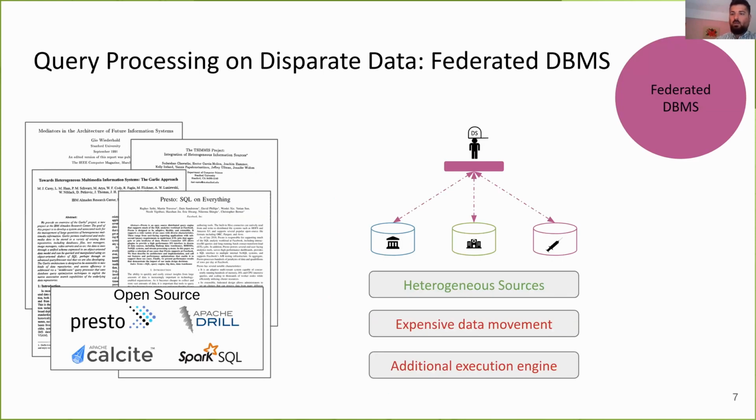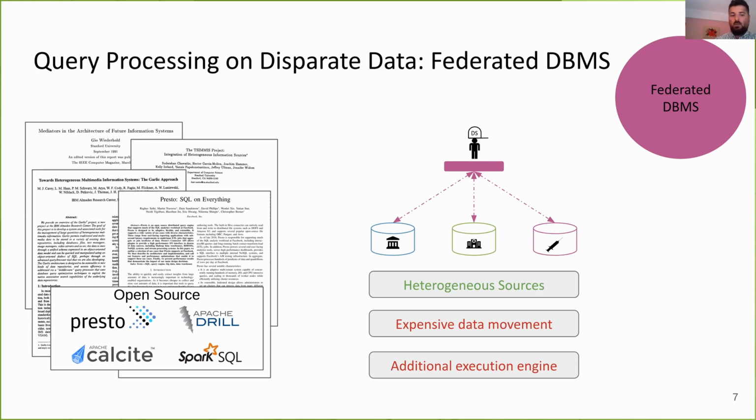First of all, we talk about federated databases, which support heterogeneous sources. This all started with Gio Wiederhold's vision about mediators and went on to the TSIMMIS research project and the Garlic project at IBM. That introduced the mediator-wrapper architecture, and today's federated query engines are based on exactly those principles.